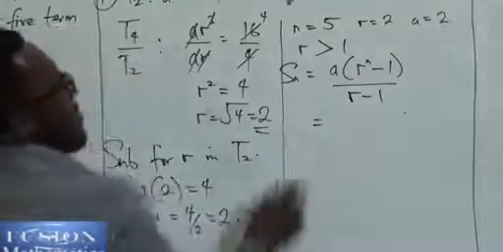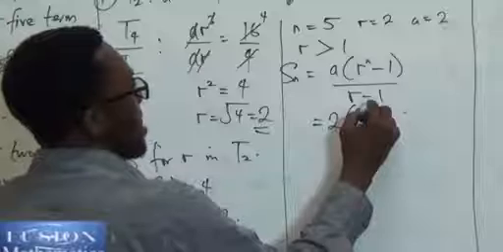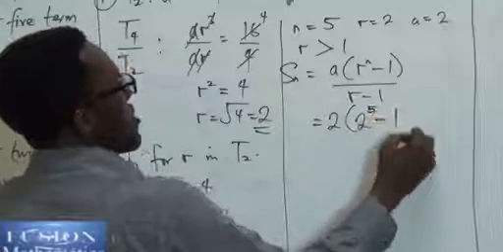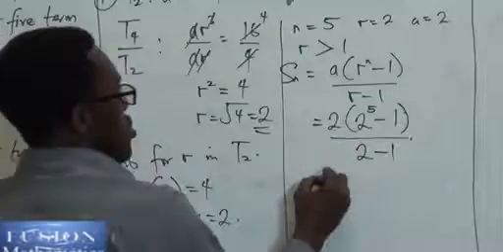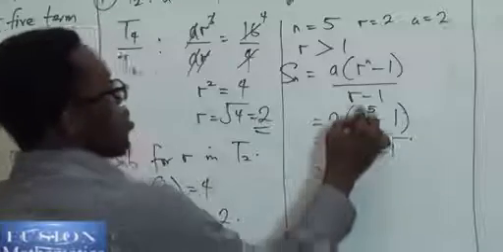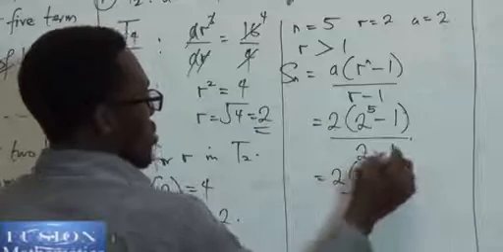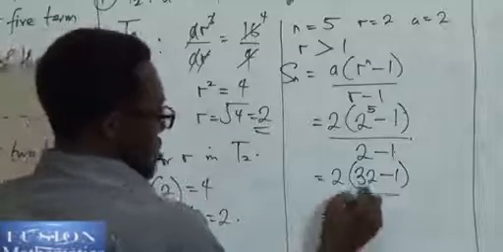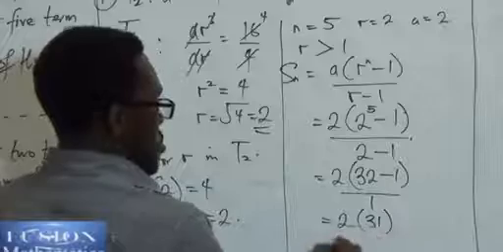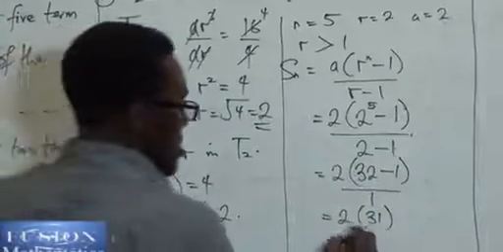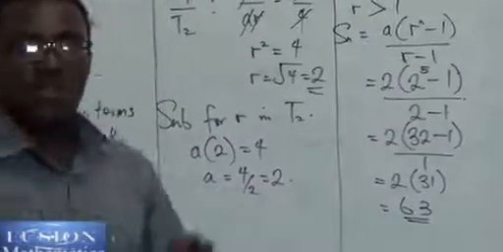So this will give us 2 bracket 2 raised to power 5 minus 1 all over 2 minus 1. So this will give us 2 bracket 32 minus 1 all over 1, which is 2 bracket 31. So this is 2 times 31, which will give us 62... 63, which is the sum of the first 5 terms.